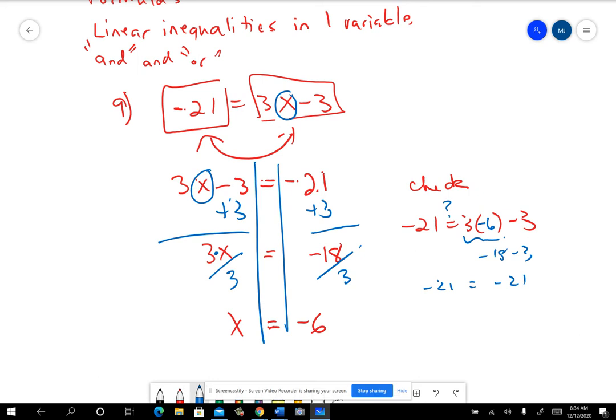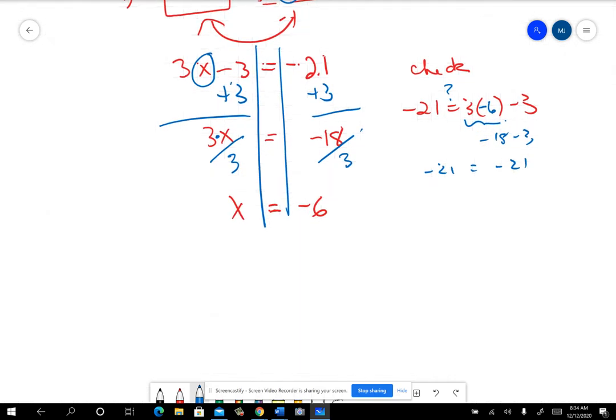All right, now let's jump to the ones where you've got a little more going on. You've got maybe variables on both sides to deal with. Let's look at a problem like number 13, say.